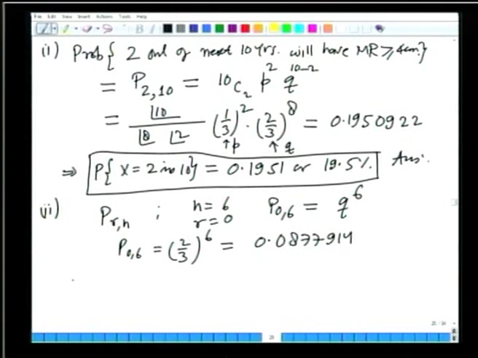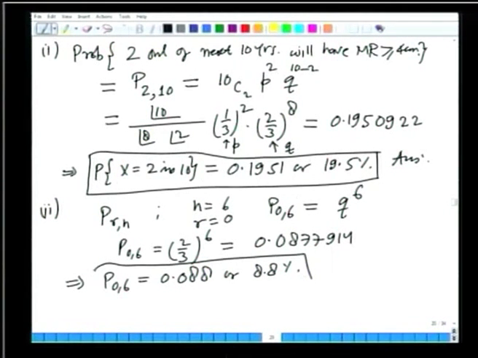Okay. So, your probability of 0,6 is equal to 0.088, or I would say 8.8%. Okay. It is a very small probability that that event will not occur given the data. So, this is your answer for the second part.